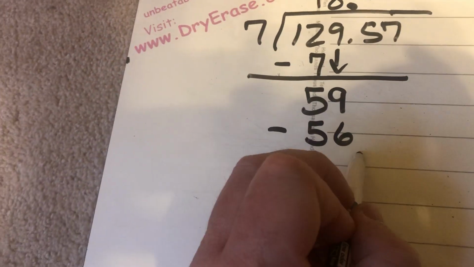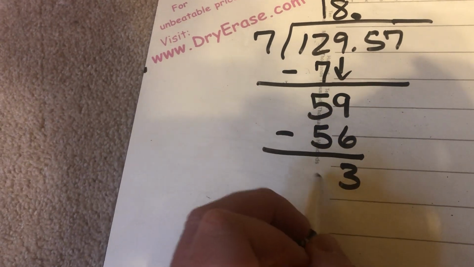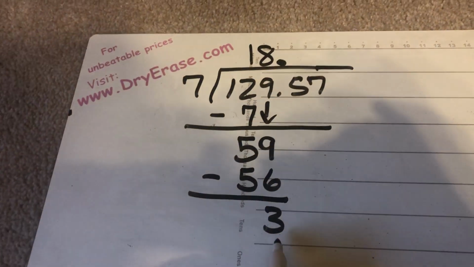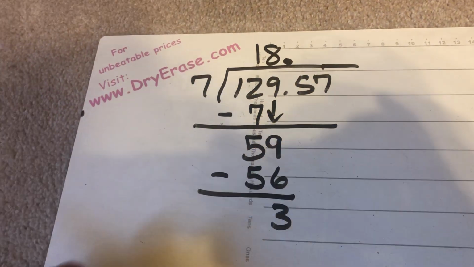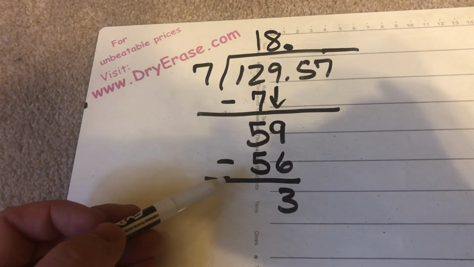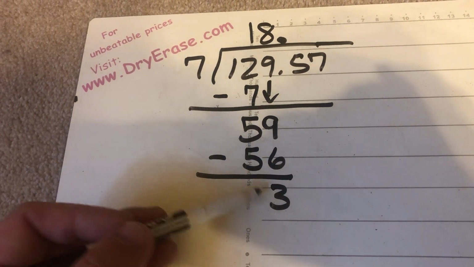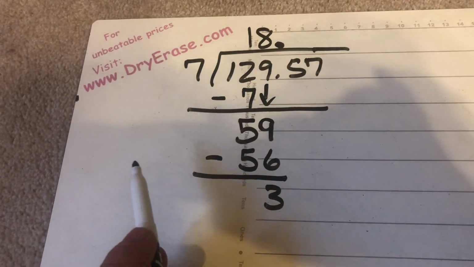Now after I multiply, I subtract. 59 minus 56. Well, 9 minus 6 is 3. 5 minus 5 is nothing. And I'm okay with this because 3 is less than 7. Remember, after I subtract, I always like to make sure that the answer needs to be less than the number I'm dividing by.